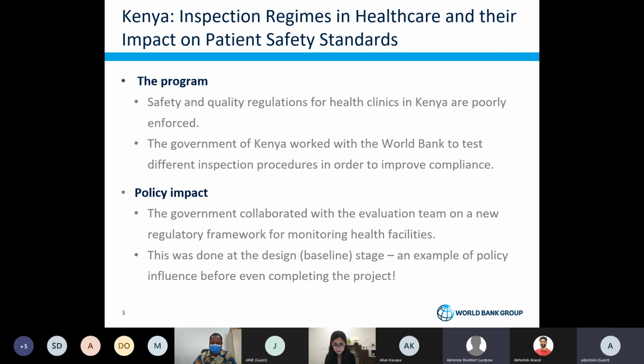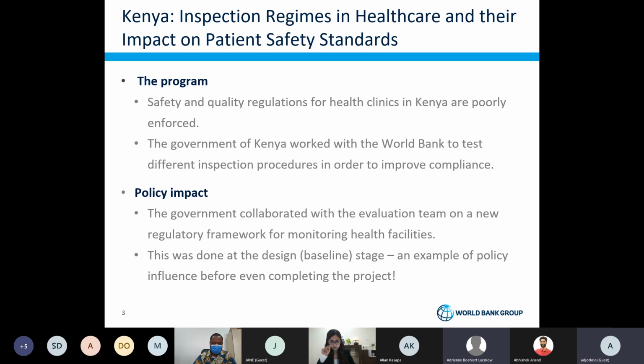So before the program began, safety and quality regulations for health clinics in Kenya were poorly enforced. So the clinics were visited with a low probability for inspection, and the government wanted to increase the impact of these inspections.